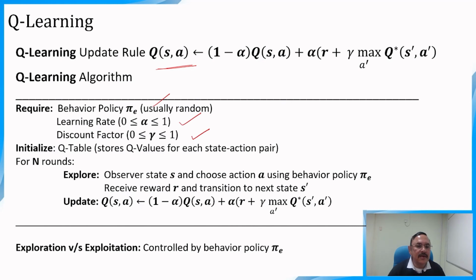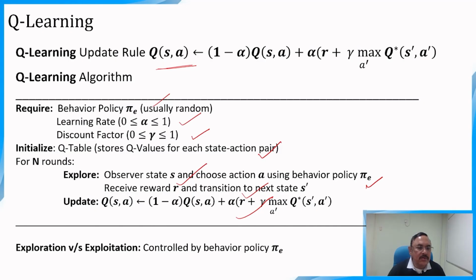Initialize the Q table, which stores the Q values of each state action pair, and for n rounds, observe the state S and choose the action A using the behavior policy, receive the reward R and transition to the next state. It will update using the Bellman equation.